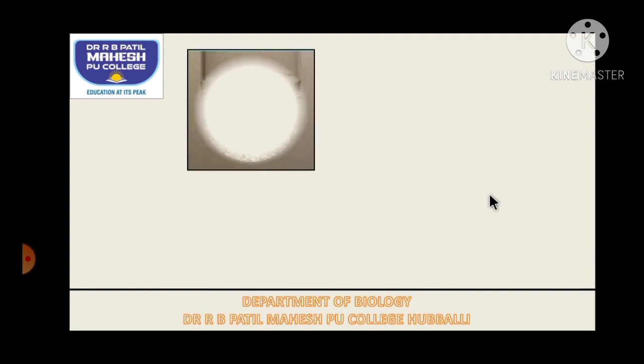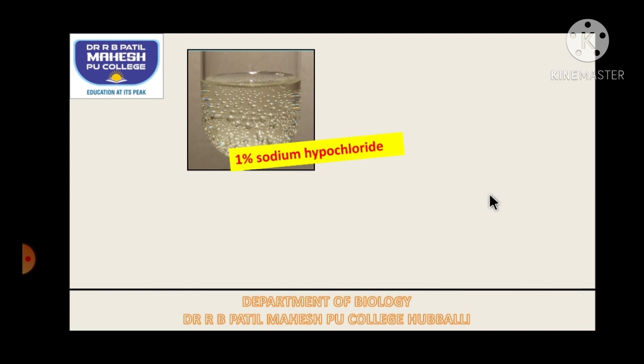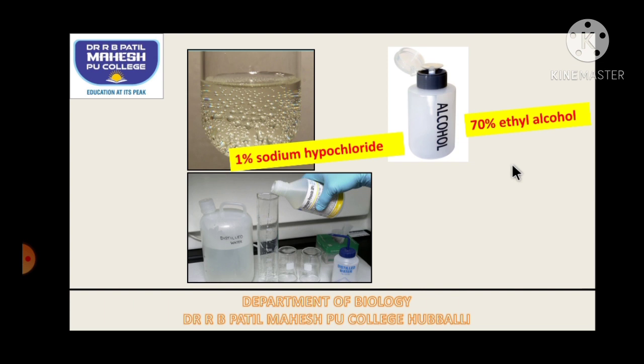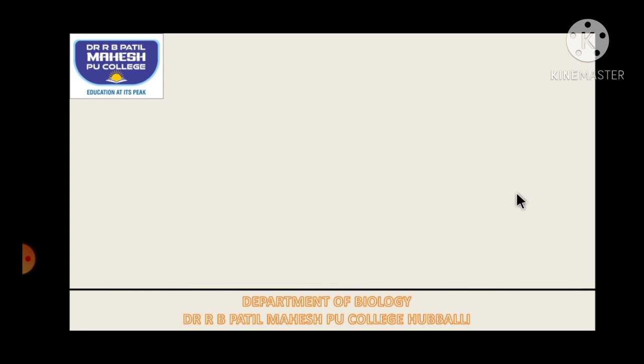If not, we can use chemicals, like 1% hypochlorite, which will also kill any organisms on the explant. Or we can use alcohol products like 70% ethyl alcohol, just washing the explant in it, or else 10% hydrogen peroxide. If none of these chemicals are available, we can just dip the explant in boiling water and remove it. That also makes our explant sterilized.